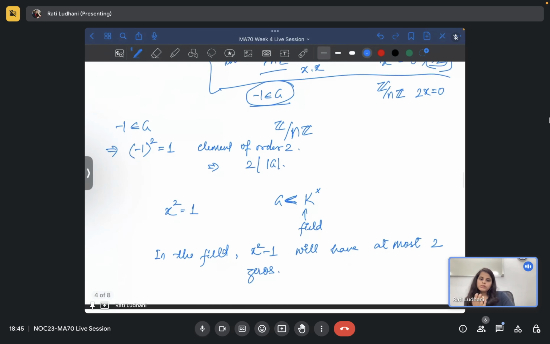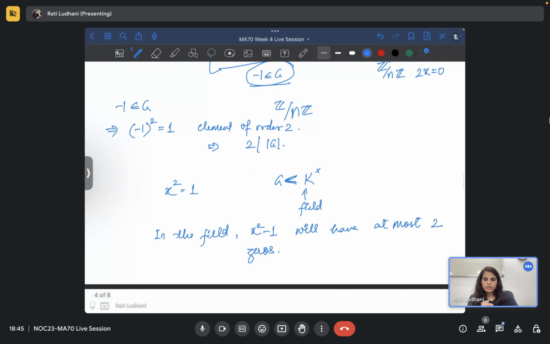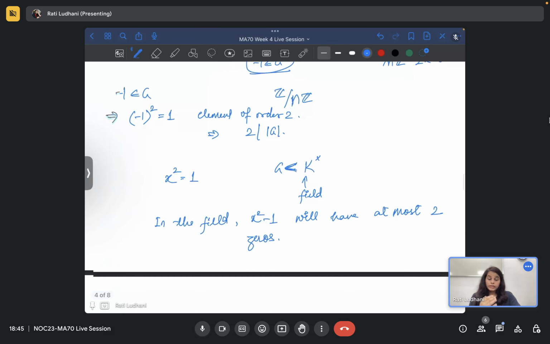So any polynomial will have at most degree of that polynomial zeros, and the elements are coming from the field. So G is a subgroup of K cross, so we are not adding elements, so we will still have this condition for G, right? Because x square minus 1 is an equation in K cross with the coefficients here.